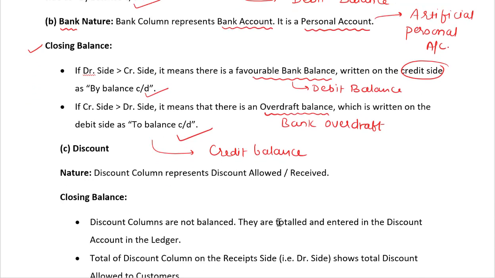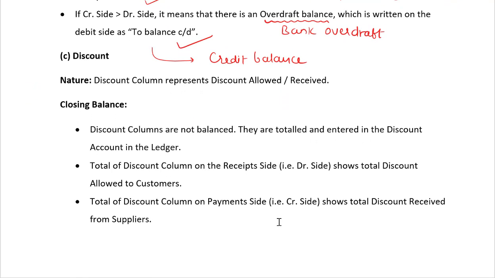Let's see the nature of discount. The discount column could represent two things: discount allowed on the debit side and discount received on the credit side. It is a nominal account. Let's see the closing balance.